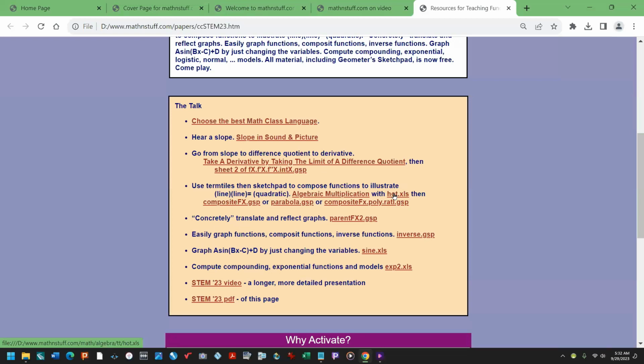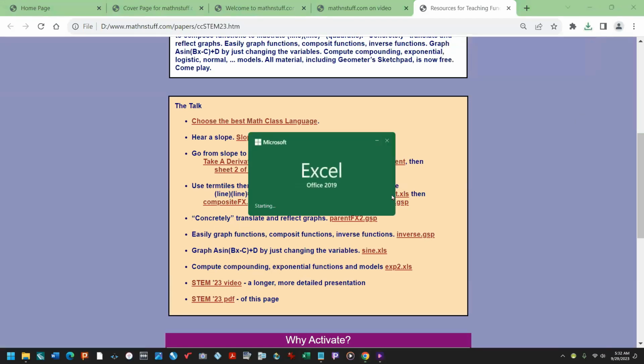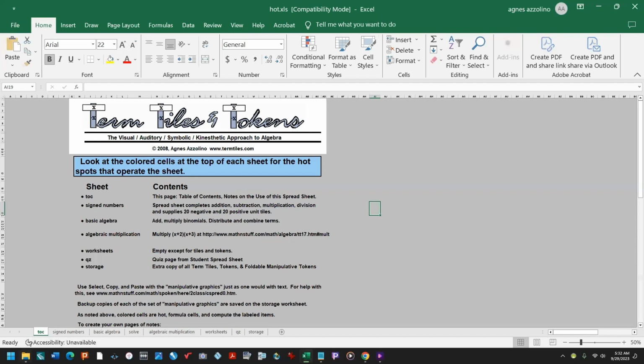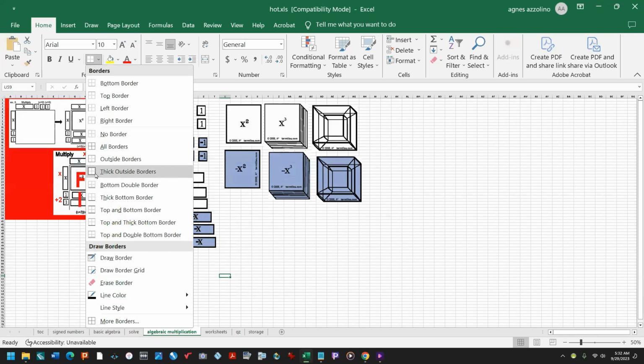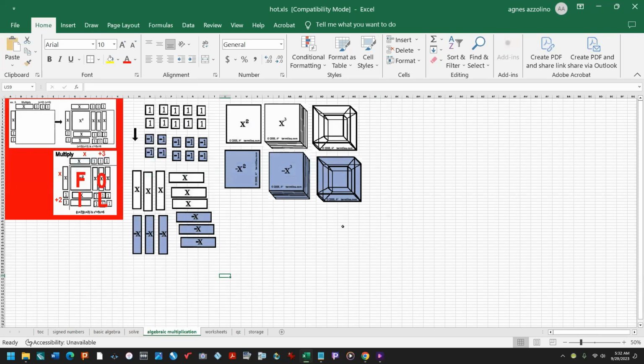I'm going to a spreadsheet. And I've laid out a multiplication problem. No, I've left it blank, completely blank. So the first thing I'm going to do is create an area. Got the area.